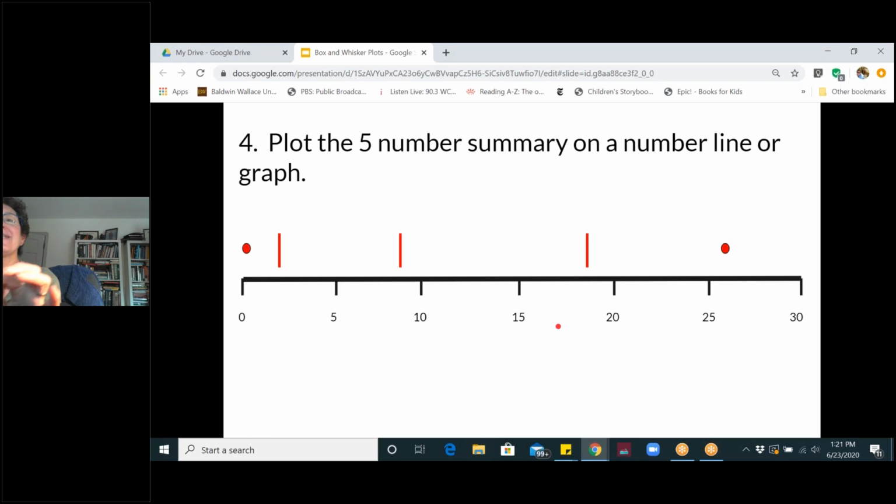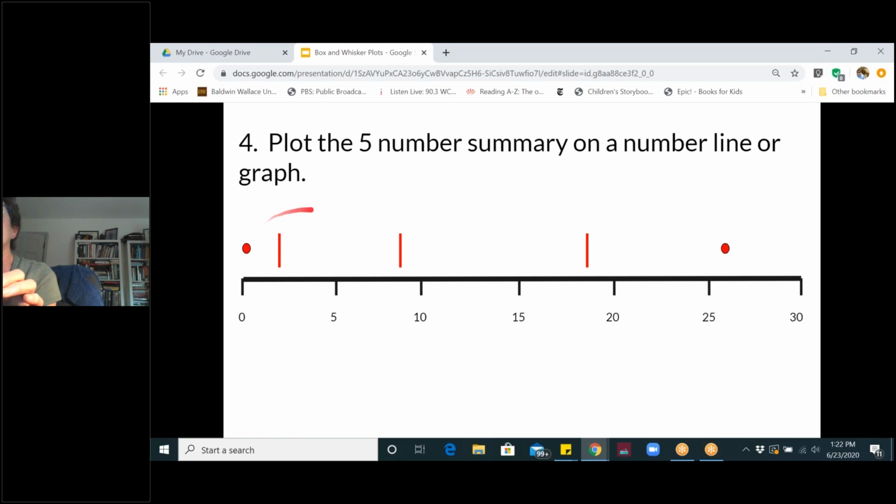Okay, so that's how we mark it. Notice that because this number line jumps by fives, I'm doing a little bit of an approximation. 18, because this would be 15, 16, 17, 18, 19, 20, I'm trying to get close to the place. All right, so that's what you do.